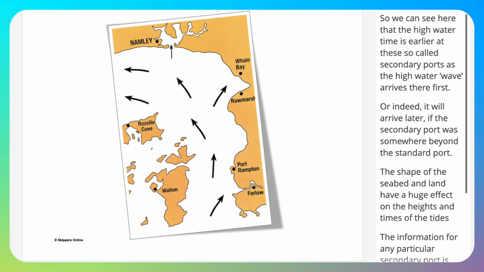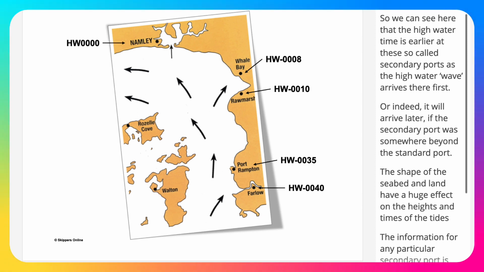So we can see here that the high water time is earlier at these so-called secondary ports, as the high water wave arrives there first. Or, indeed, it will arrive later, if the secondary port was somewhere beyond the standard port.